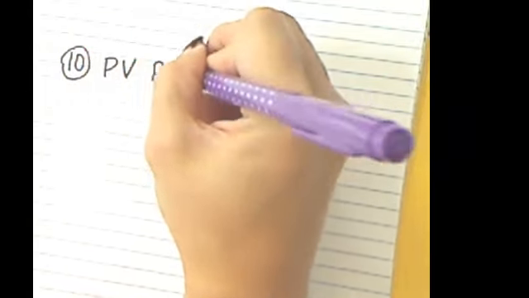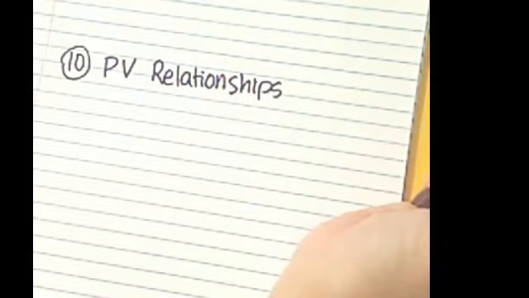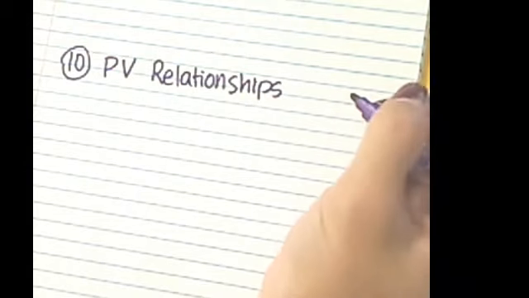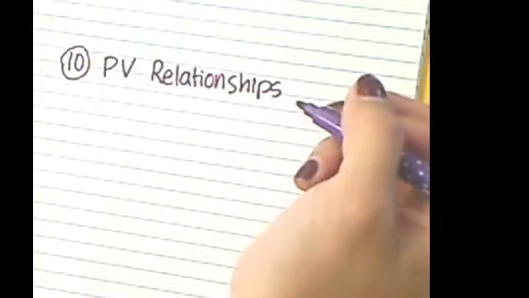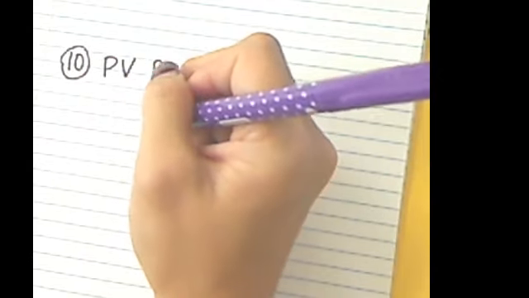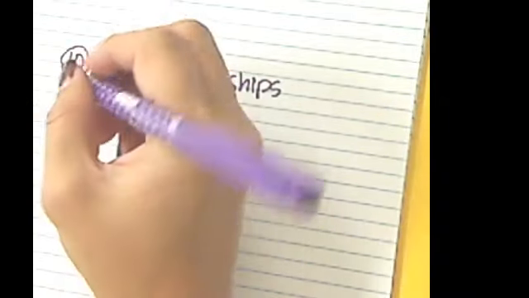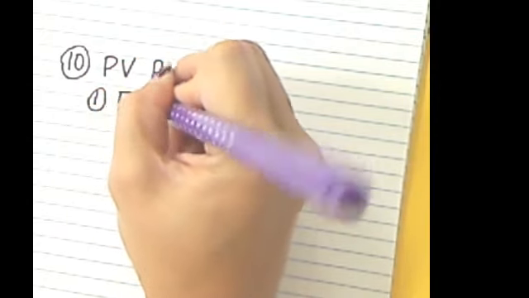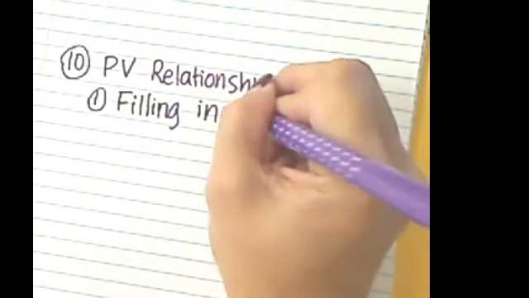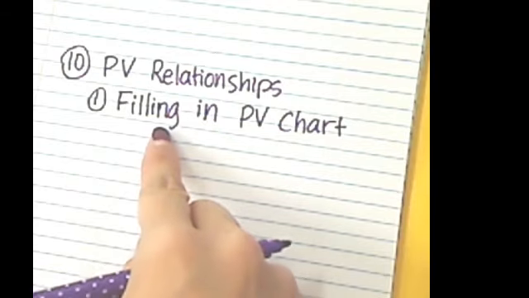When you're dealing with place-value relationships, what you need to focus on is how far is one place value from the other place value. So you're comparing 2 place values. Right away, the first step is filling in a place value chart with both numbers.